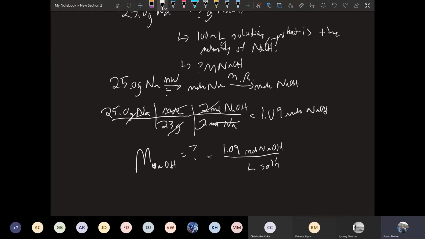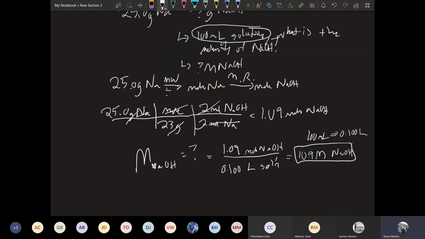Now, right here, I gave you the milliliters of solution. So 100 milliliters is equal to 0.1 liters. So we're going to divide that by 0.100 liters. So when we do that, that gives us an answer of 10.9 molar sodium hydroxide.